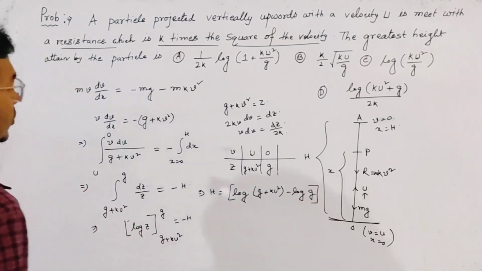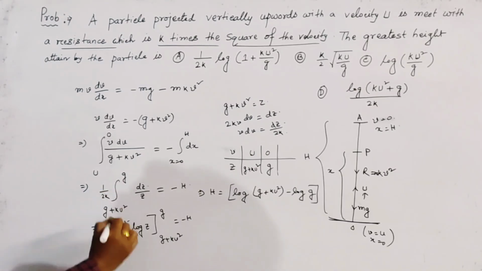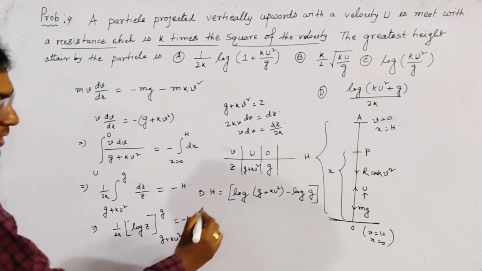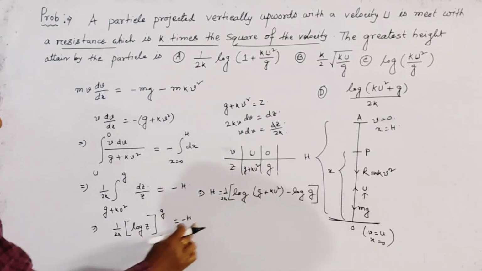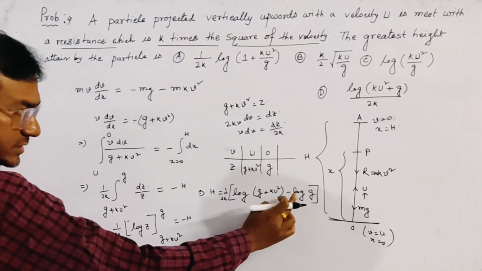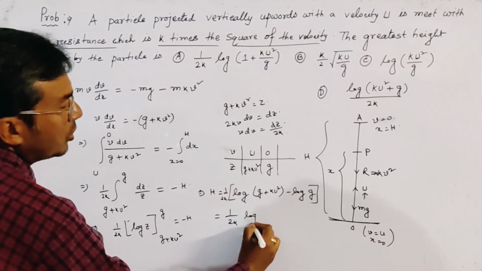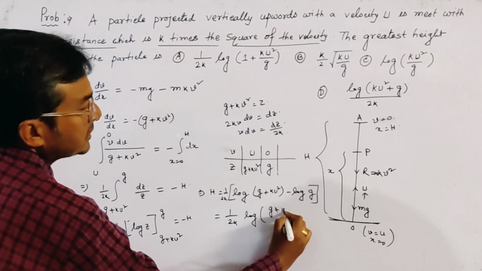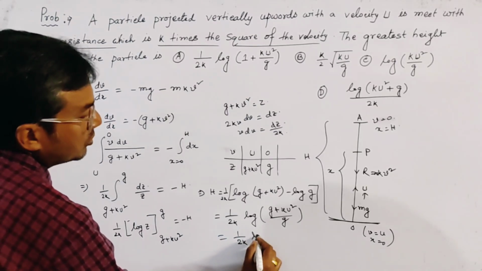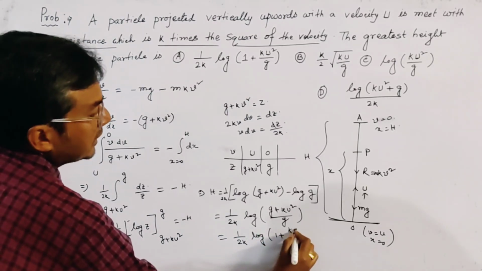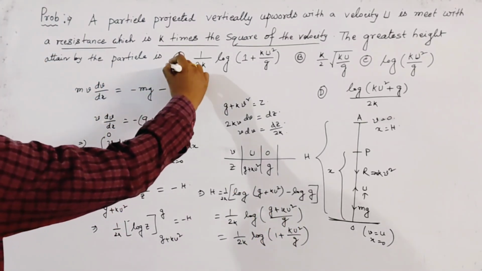We make a small mistake here: there must be 1 by 2k, so we write 1 by 2k, and we adjust the minus sign by writing in the opposite direction. So our answer is 1 by 2k into log of g plus k u square by g. That is, 1 by 2k into log of 1 plus k u square by g, and our correct option is option A.